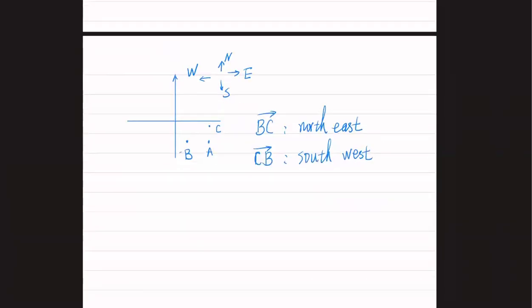Okay, so now we will put them together. For a one-dimensional line, we have order. For a two-dimensional plane, we have direction.